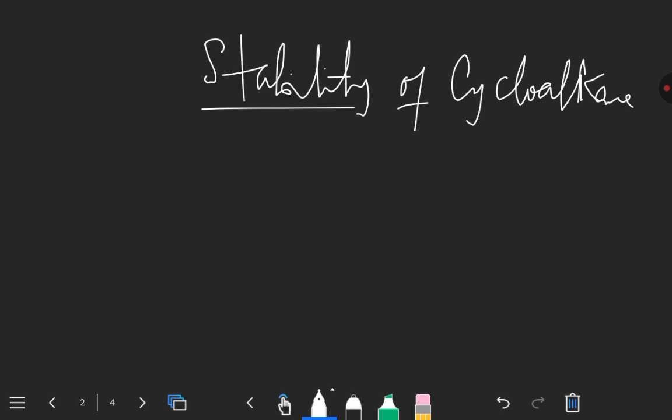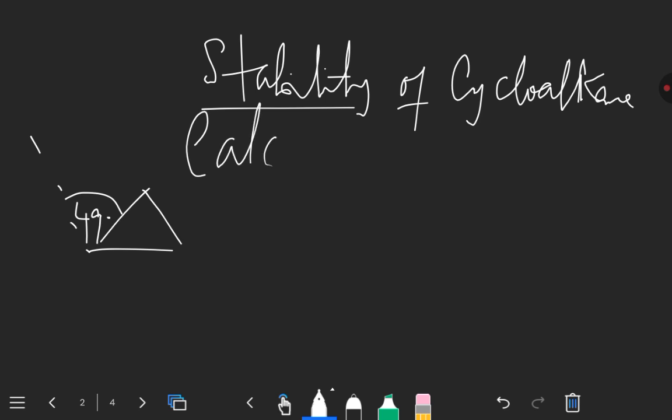So let's say we have a structure like this, then we have the angle which is here to be 49 degrees. So they can ask us to calculate what is the angle of stability.